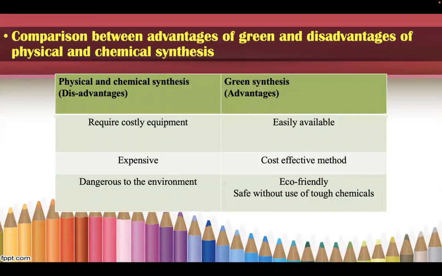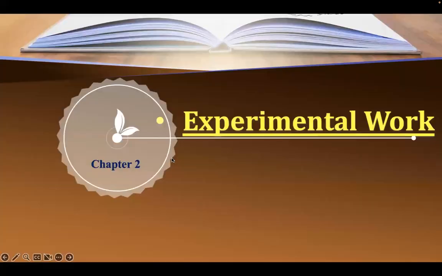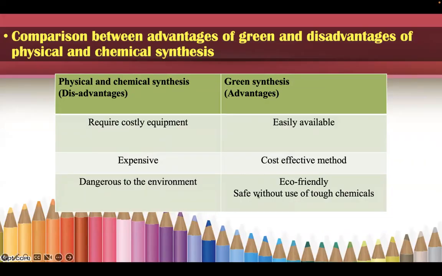If we compare it, the green synthesis advantage is that it is easily available, compared to the other which contains more costly equipment. It's also cost effective regarding expensive ways, and it is eco-friendly compared to the usual synthetic methods regarding environment.